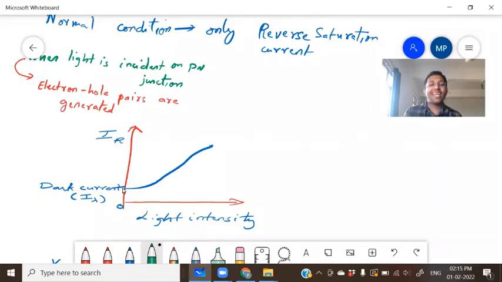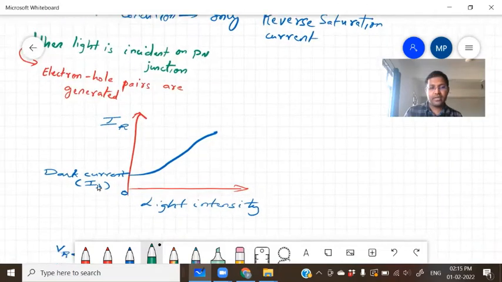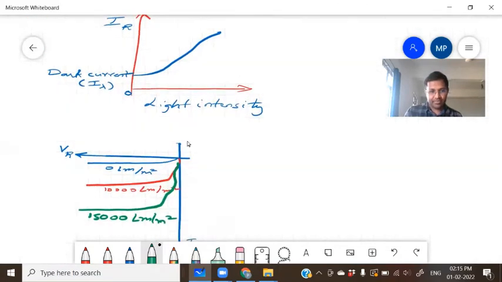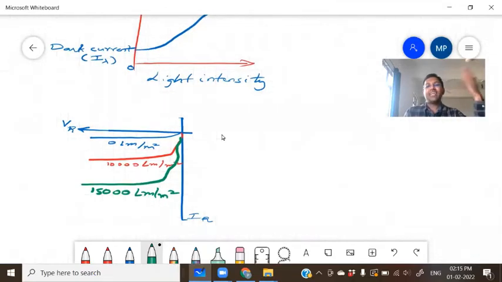The point at which you don't give light and there is leakage current, that current is called the dark current, represented by I lambda. Next, we have seen the characteristics of the ordinary PN junction diode like this.